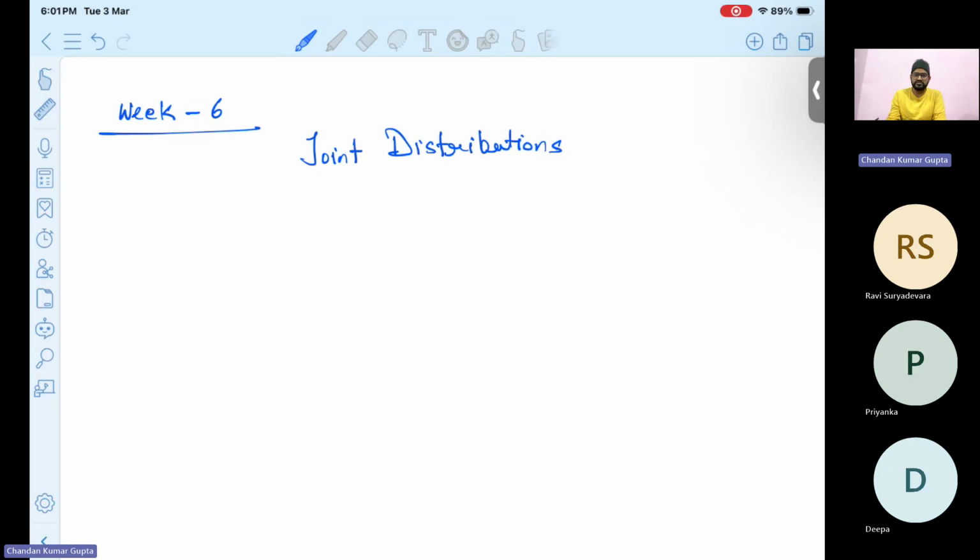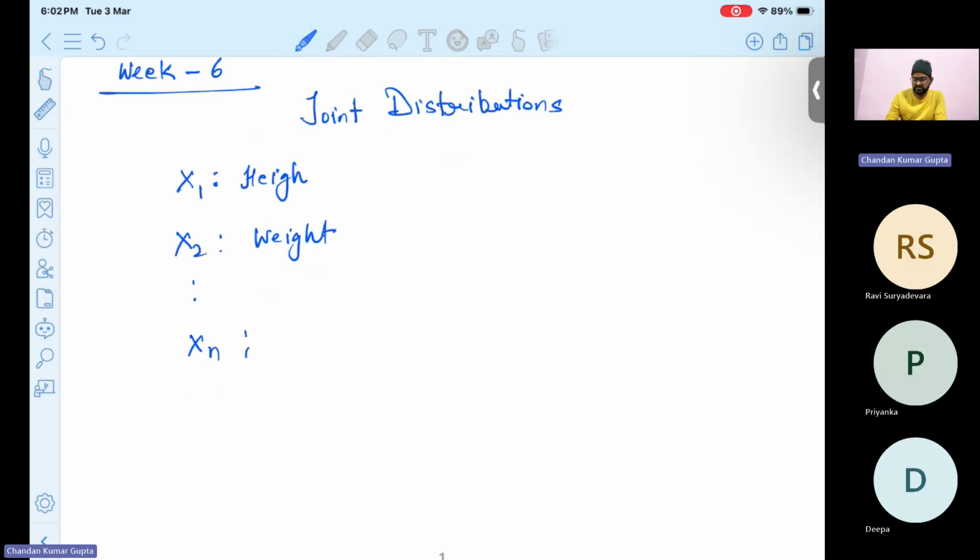In the previous weeks, we had one random variable, for example height, or suppose x2 is another random variable, weight. Similarly, xn is another random variable, body temperature, etc. These are different kinds of univariate variables if we are treating one at a time.